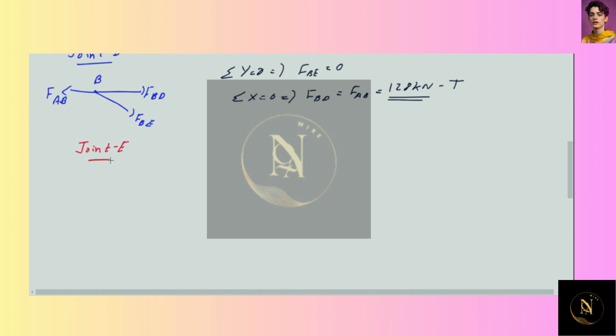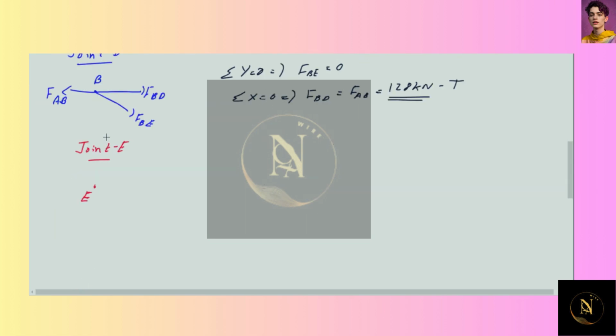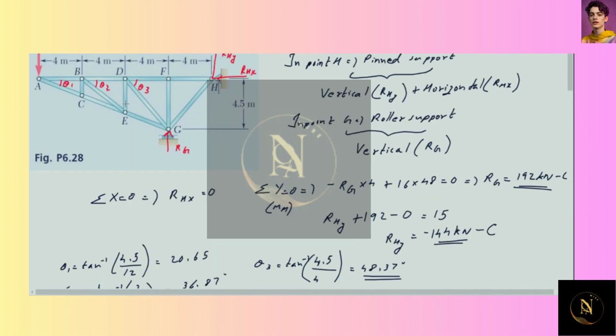So for joint E, if this is joint E, this is FDE and FGE and FCE, right? So FCE, FDE, and this is FEG.